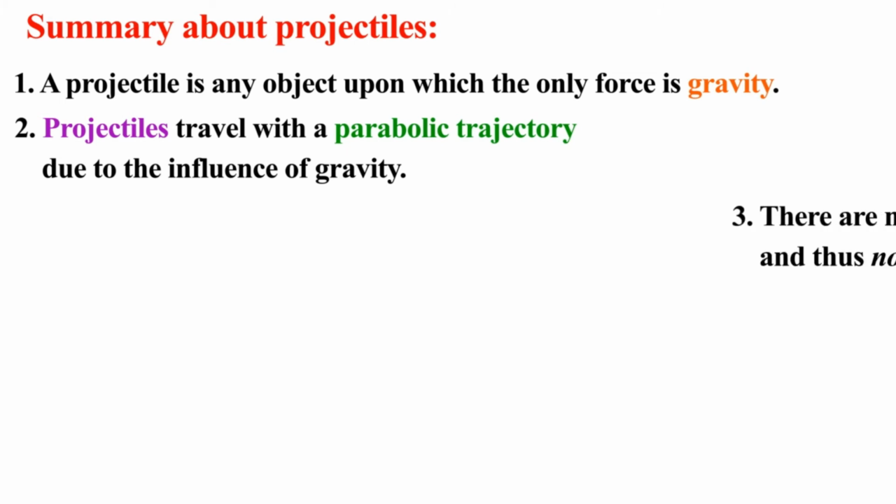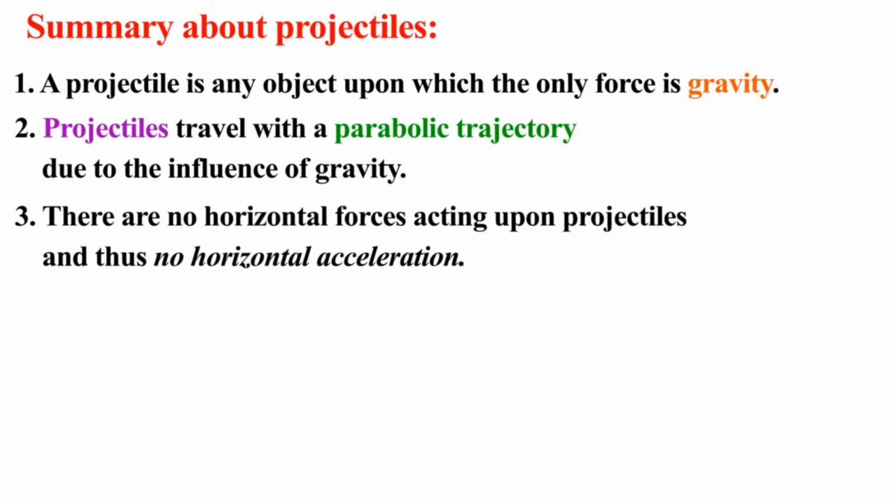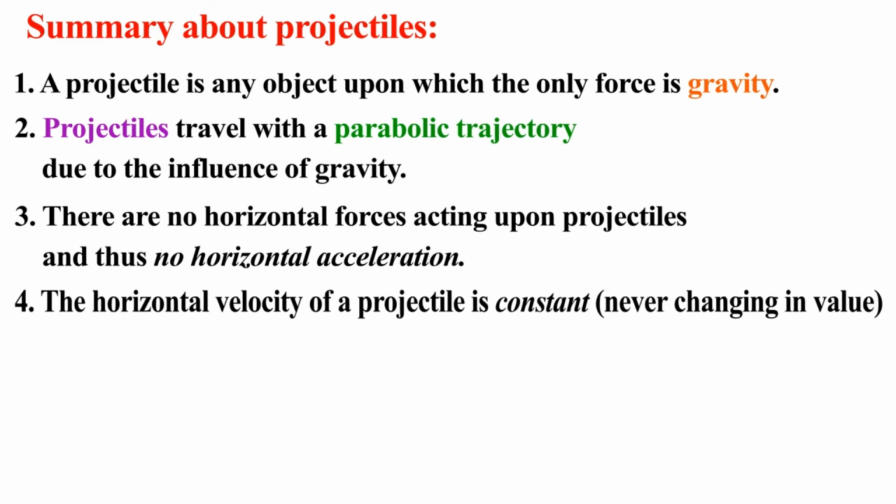There are no horizontal forces acting upon projectiles, and thus no horizontal acceleration. The horizontal velocity of a projectile is constant. Take note of that. The horizontal velocity of a projectile is constant, never changing in value.